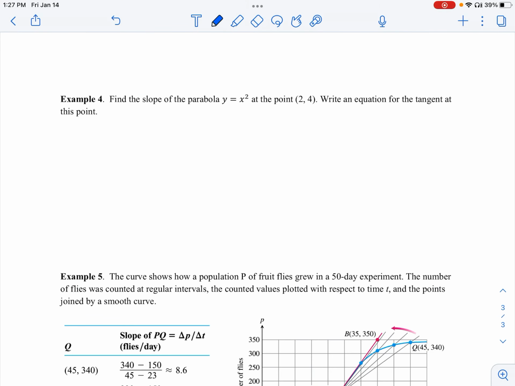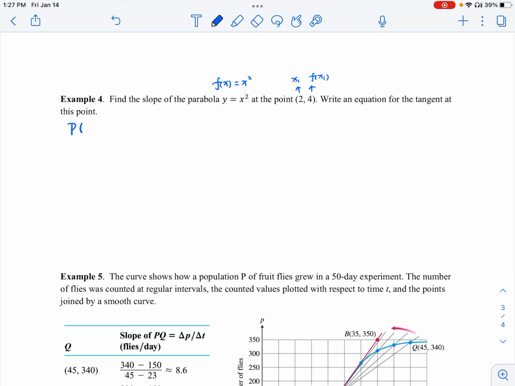Let's look at this example. We want to find the slope of the parabola y equal to x squared at the point (2, 4). Okay, parabola, we use function notation f(x) equal to x squared, and we have point (2, 4), so that means x1 equal to 2, and this is f(x1). We consider 2 points.